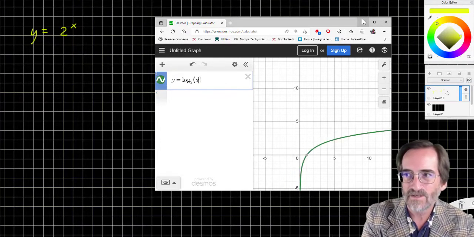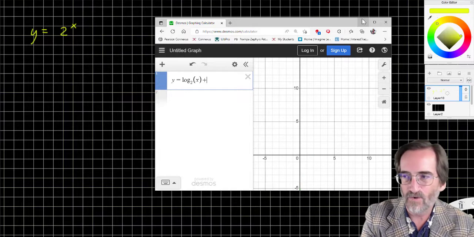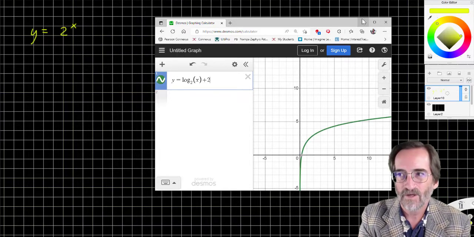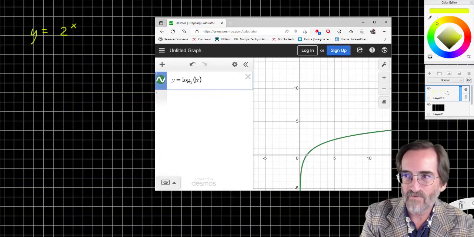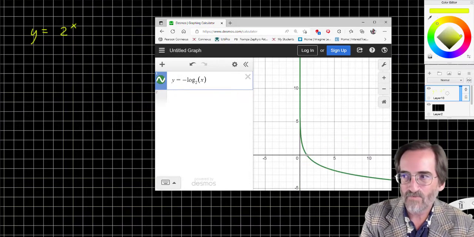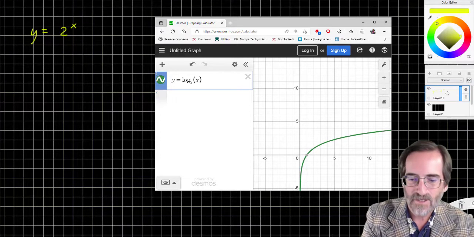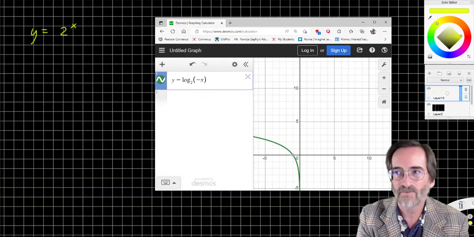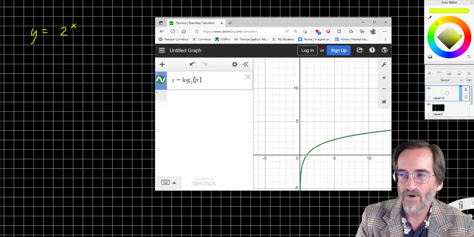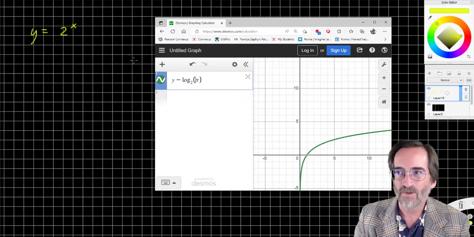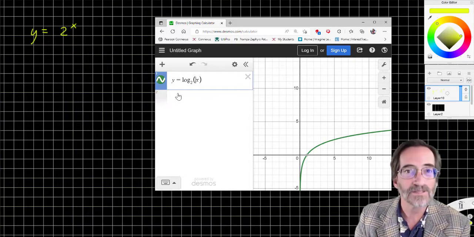I can add 2 to the whole function and shift it up. I can put a negative in front, and that will flip it vertically. I can put a negative on the x, and that will flip it horizontally, okay? So all of these are possible here, but the parent function is log x, right?